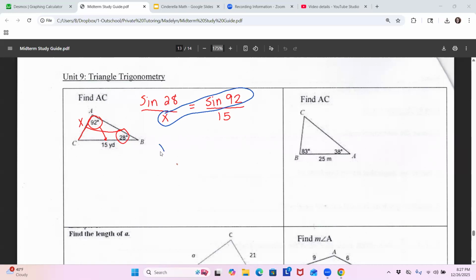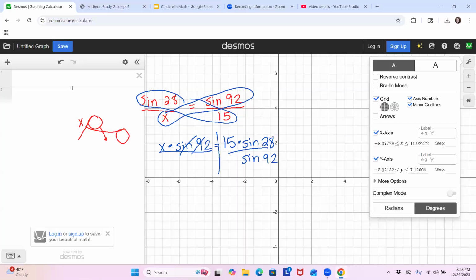Crisscross multiply. So we're going to have X times sine 92 equals 15 times sine 28. And then divide this off. I like rounding to the 10th, but if your teacher wants it different, just do whatever your teacher wants.